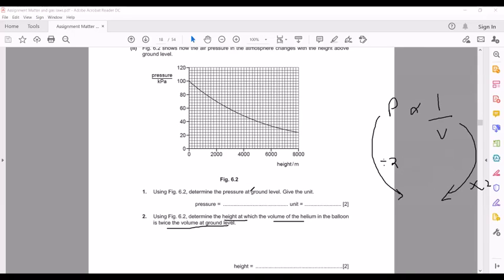And how can you work this out? The original pressure was 100 kilopascal. In the question, they are asking to determine the height at which the volume of the helium in the balloon is twice. So if the volume is twice, the pressure should be half. If the original pressure at the ground level was 100 kilopascal, then it should be 50 kilopascal.